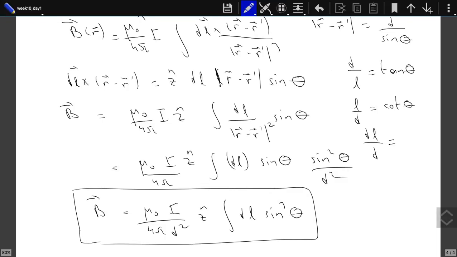This will be equal to, what is the derivative of cotangent theta? That is the derivative of tangent. Minus 1 over sine squared theta, d theta.